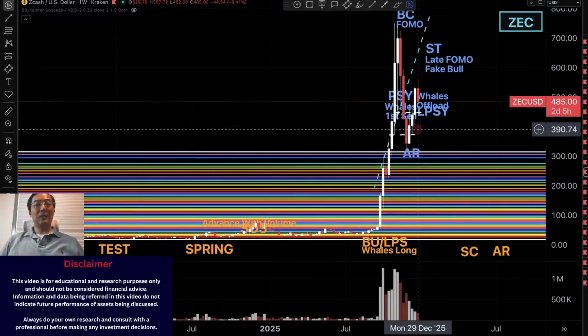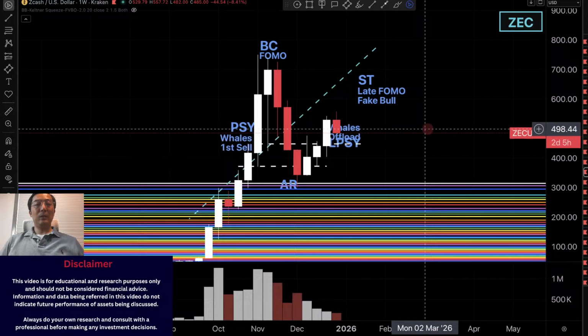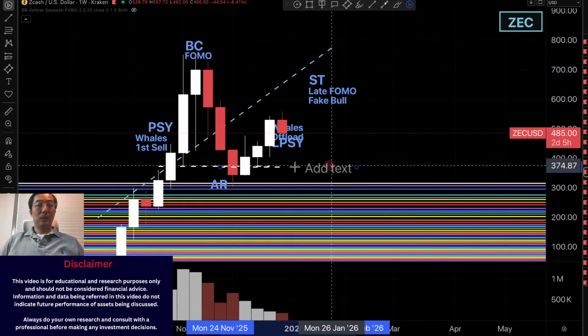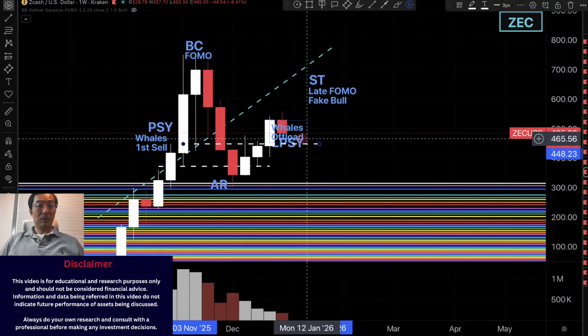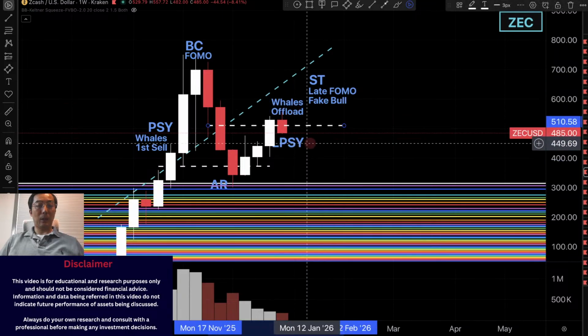Next is Zcash. For Zcash, similarly, it bounced up, and currently this week it's coming back down.